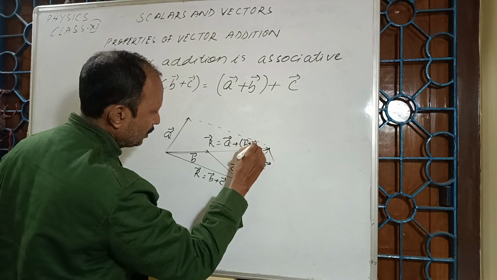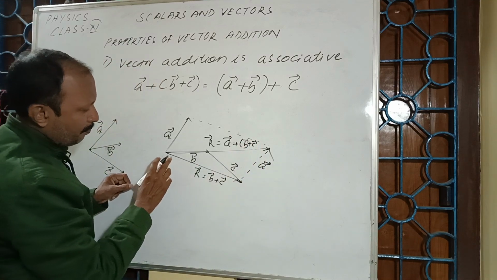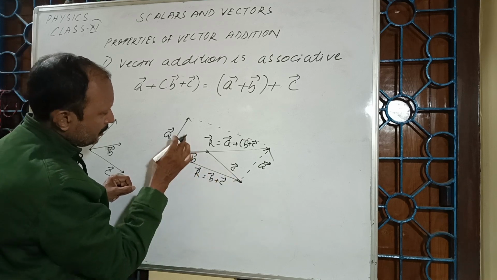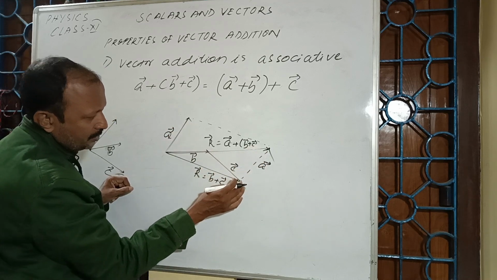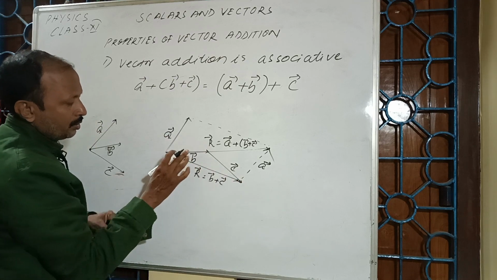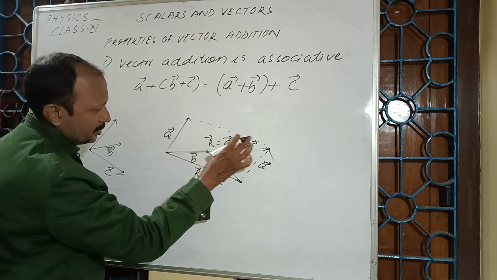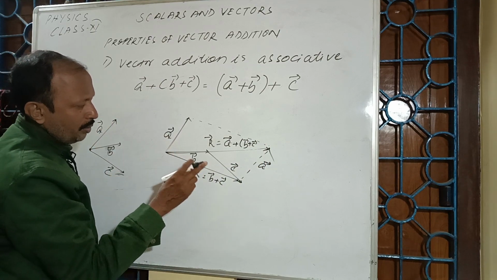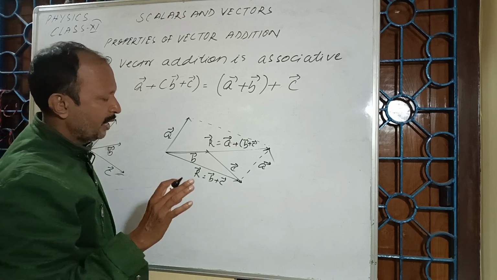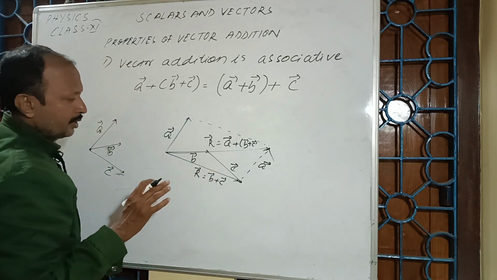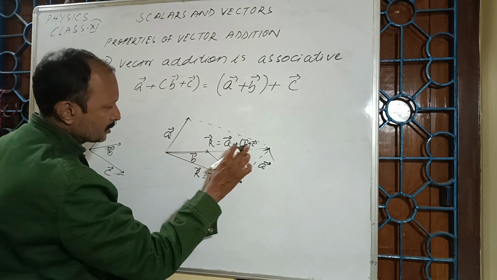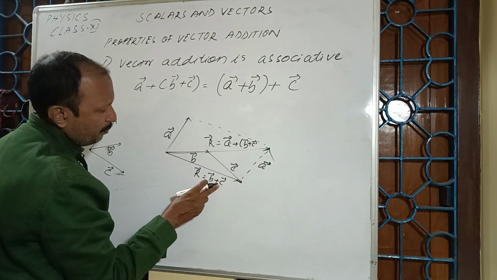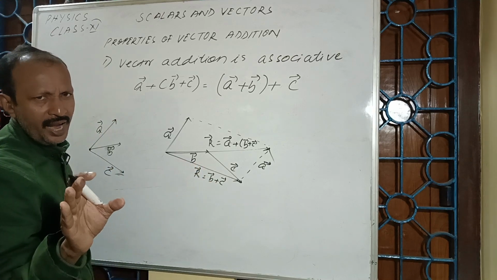This is the B plus C vector. This is the A vector. I am shifting it to this side, or you can imagine that this is a parallelogram. So I am following here parallelogram law of vector addition. So I can say that this resultant vector is equal to A plus B plus C. It is just like the triangle law.